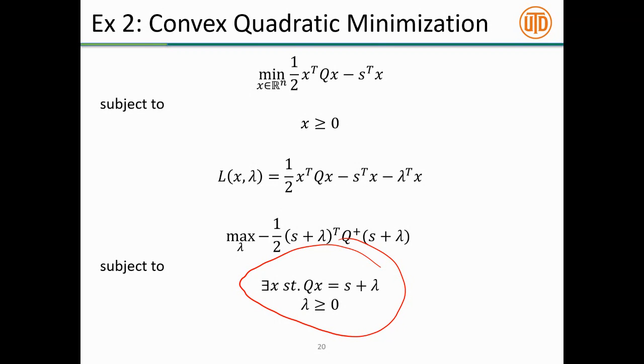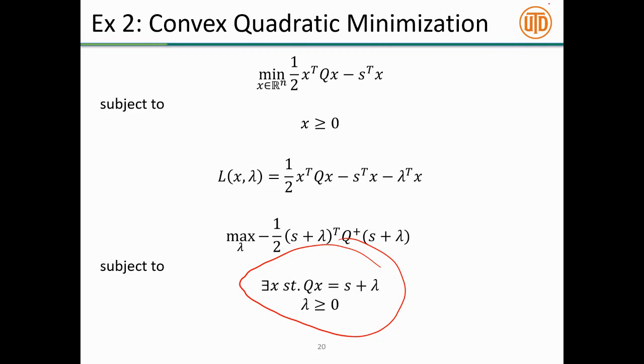So again, the observation is similar to what we used in the previous example. Remember there, I used the fact that this linear system has a solution.